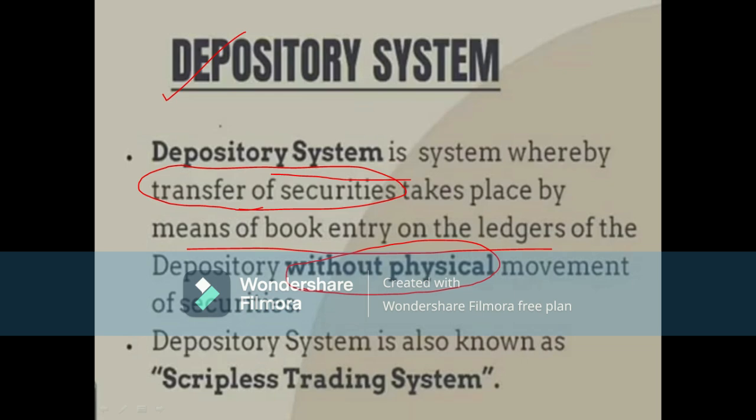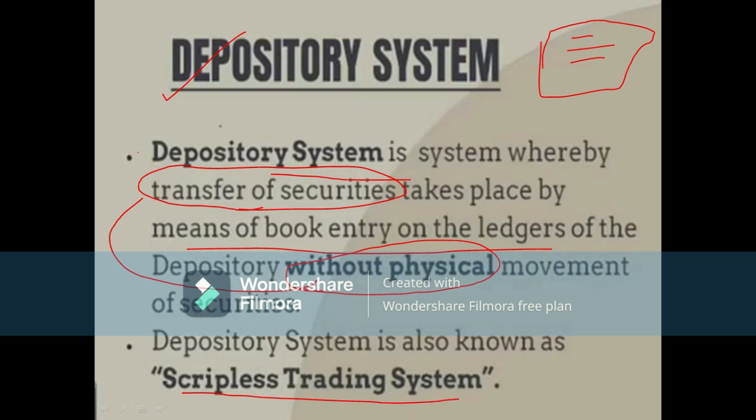Previously we had a physical share certificate on paper, with the company name, investor name, and share number on it. But after the introduction of the depository system, these physical shares are transferred without physical movement, as an electronic system, a scriptless trading system.